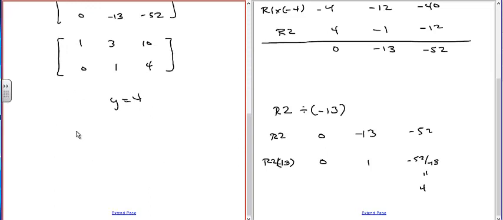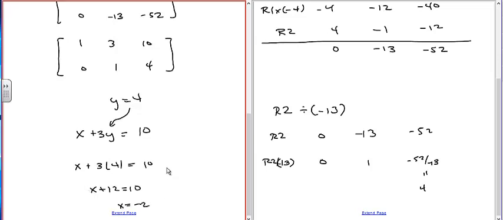The first row is 1x plus 3y is equal to 10. And we use y equals 4 in there. So I get x plus 3 times 4 is equal to 10. x plus 12 equals 10. x equals negative 2. So my solution is x equals negative 2, y equals 4.